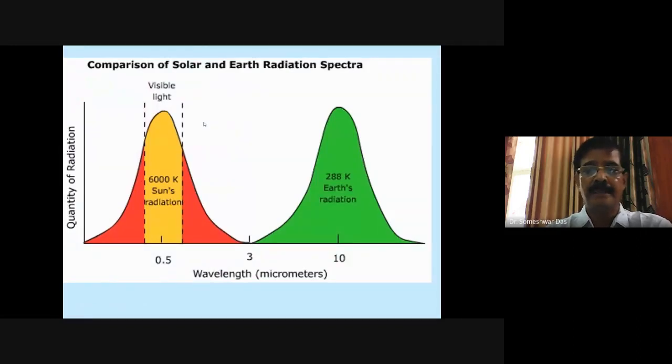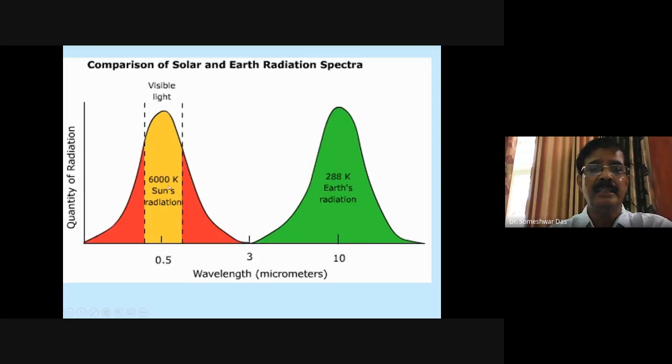Now, this is another diagram which shows the quantity of solar radiation versus the terrestrial radiation with respect to the wavelength. On the left side, for shorter wavelength, it is the solar radiation intensity, and on the right side, at longer wavelength, Earth radiation is emitted, and this is the quantity of radiation for Earth, right?